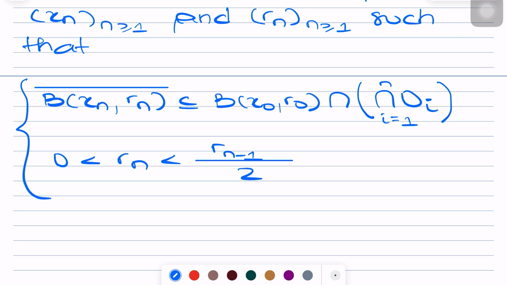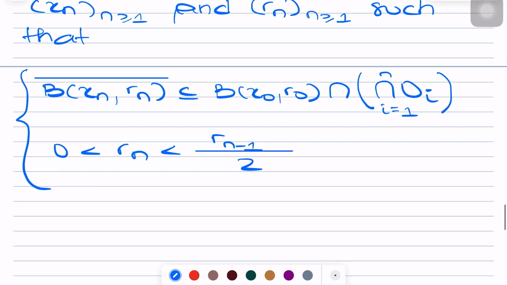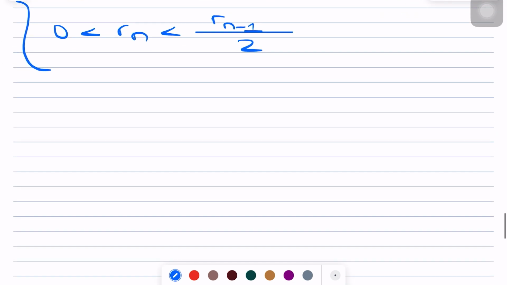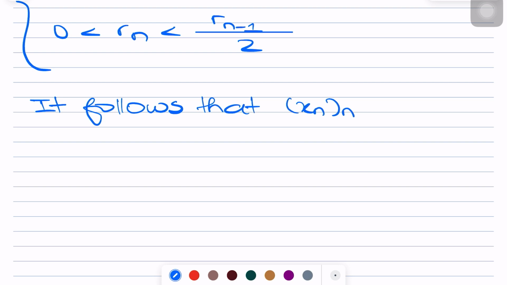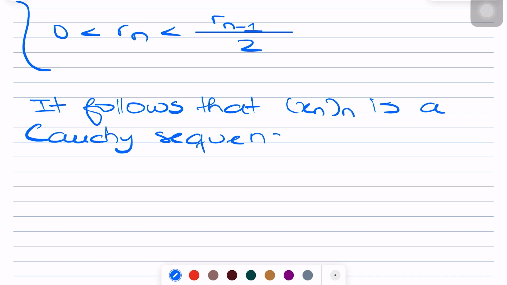Good. So from our construction, it follows that the sequence xn is a Cauchy sequence. We will see why. It's a Cauchy sequence, of course.